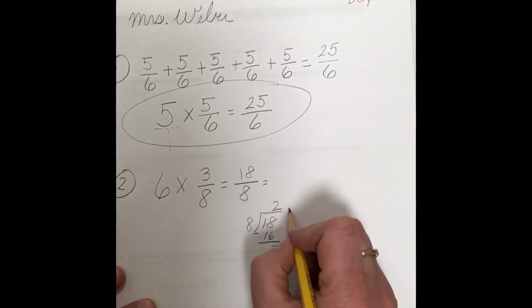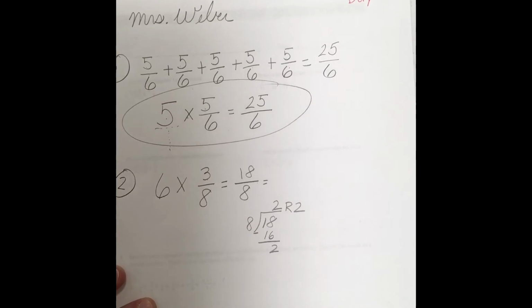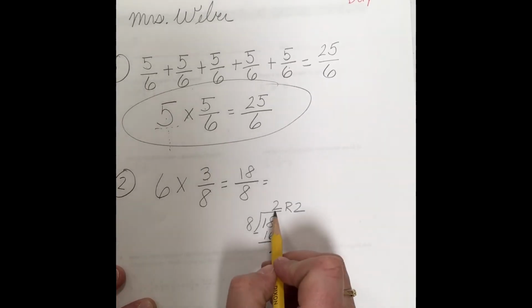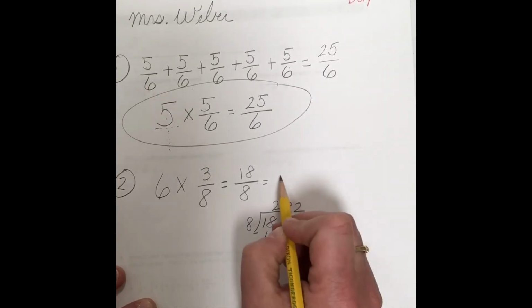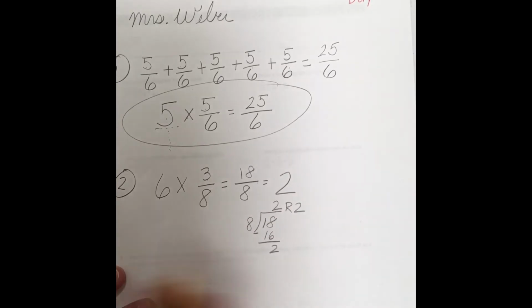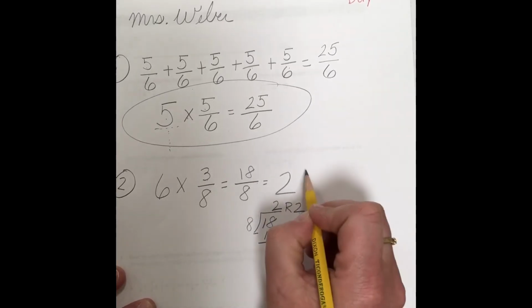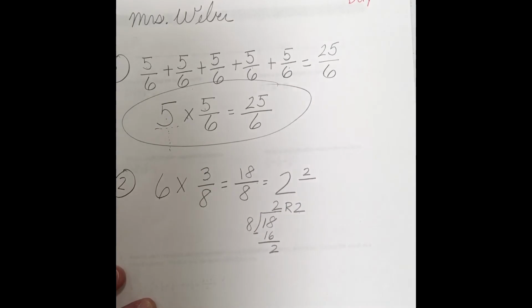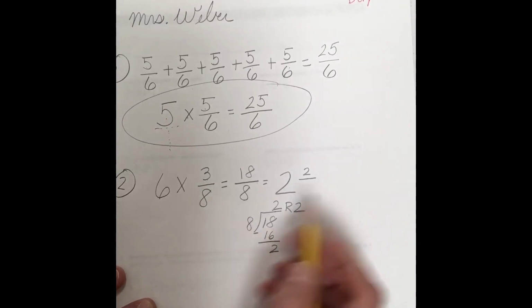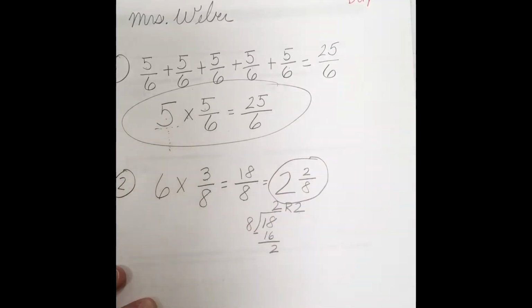Nothing to bring down. 2 is my remainder. So my quotient of 2 becomes the whole number. My remainder becomes the numerator, and I keep the same denominator.